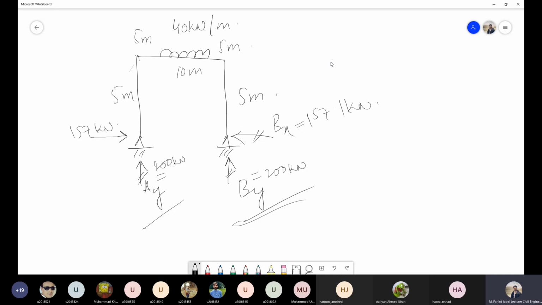But you will see in the next question that these are not the same every time, so you should solve them by applying the equation of equilibrium.